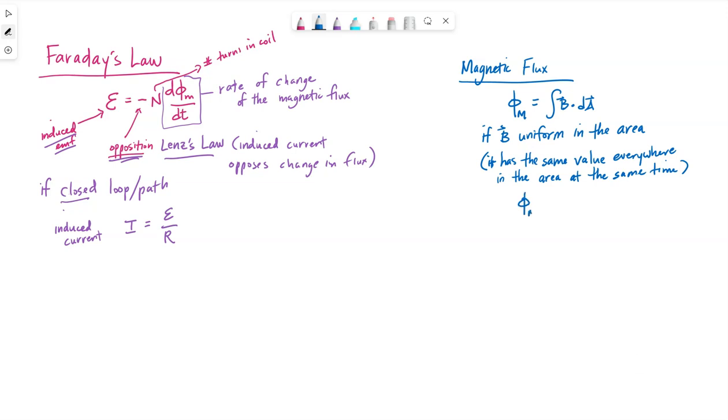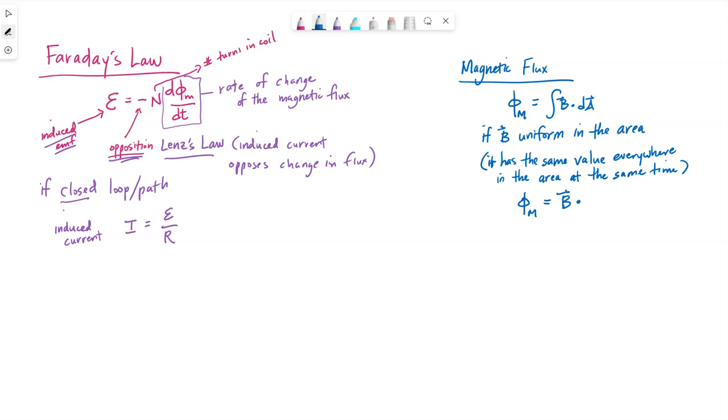If that is the case, since this integral for flux is over the area, meaning where, so a distance, an x, a y, a z, if that field is the same value at every point, we can pull B out of the integral.